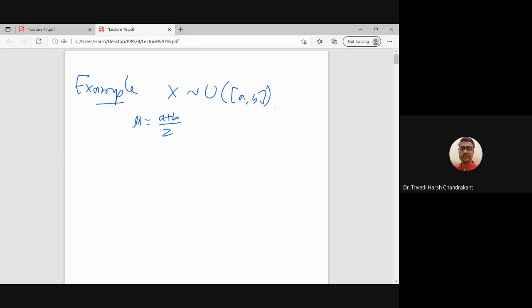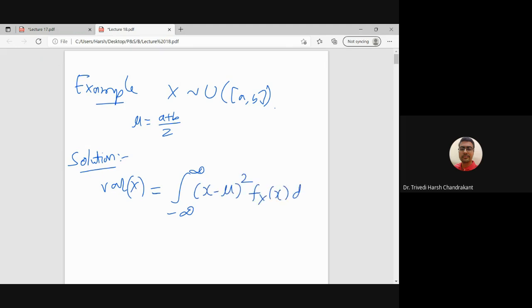We want to find the variance. We have the variance formula. The variance of X is, since this is a continuous random variable, the integral from minus infinity to infinity of (x minus mu) square f of x dx.